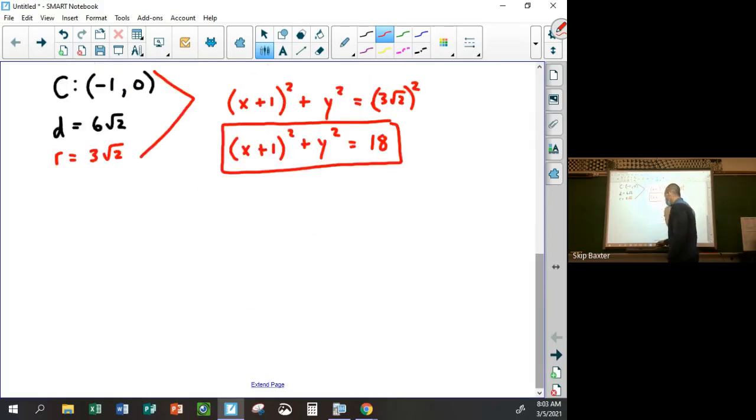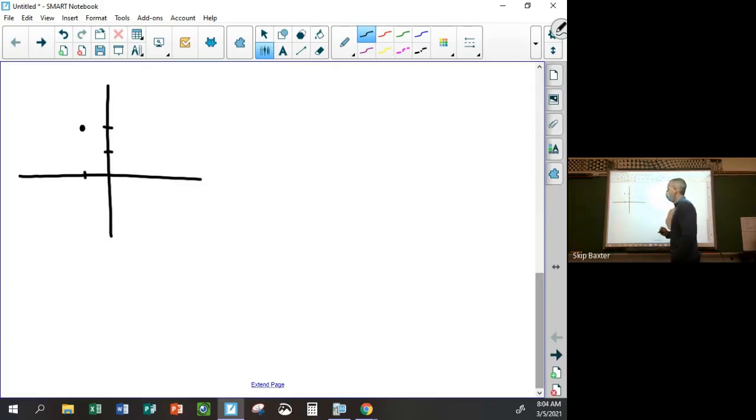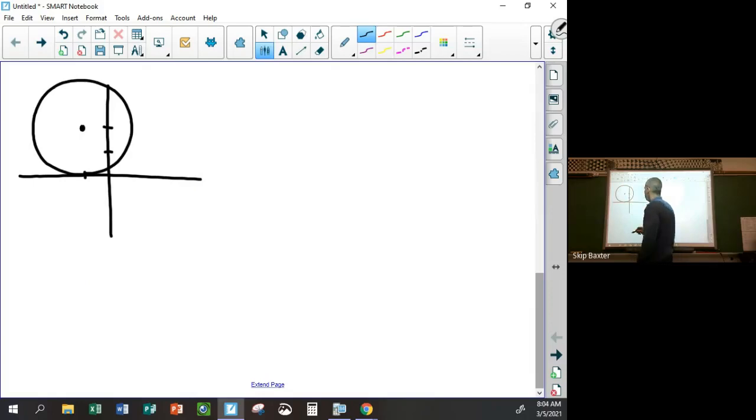Or they might give you a graph. Like for example, they might say, here's a circle. I'm just going to sketch it on the graph paper. Suppose its center is at the point (-1, 2). And let's suppose the circle is tangent to the x-axis. Right? This circle is tangent to the x-axis.